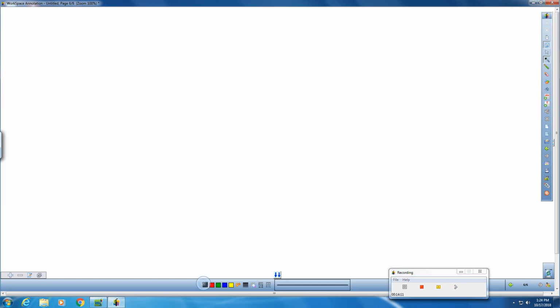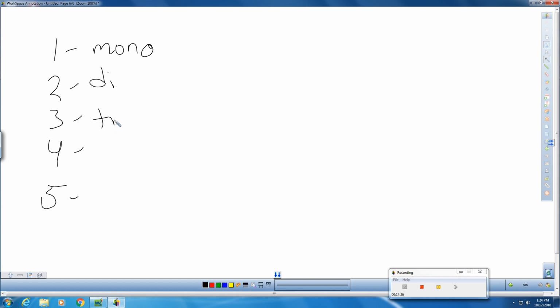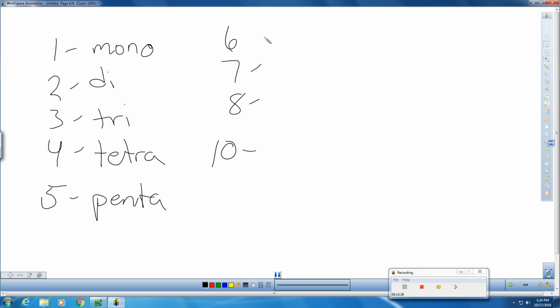A couple of common ones that you need to be familiar with. We're just going to write them out real quick, just so that you know. The prefix for anything with 1 is going to be mono. Di for 2, tri for 3, tetra is 4, penta is 5, 6, 7, we'll go 8, and then we'll skip 9 and go to 10.